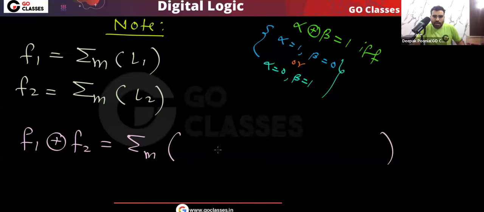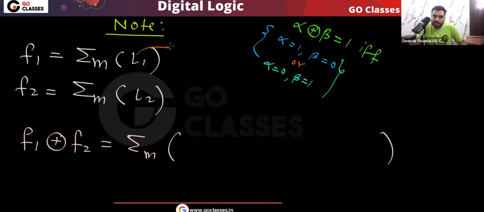You can see I want the minterm list of f1 xor f2. So I want those row numbers where f1 xor f2 is 1. For any row, xor will be 1 if and only if for that row f1 0 f2 1 or f1 1 f2 0. Do you agree with me? So basically, I need to find the symmetric difference of L1 comma L2.